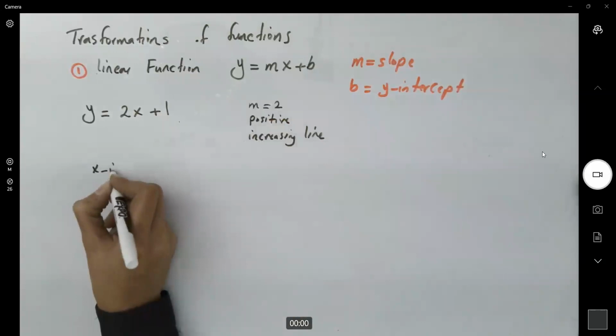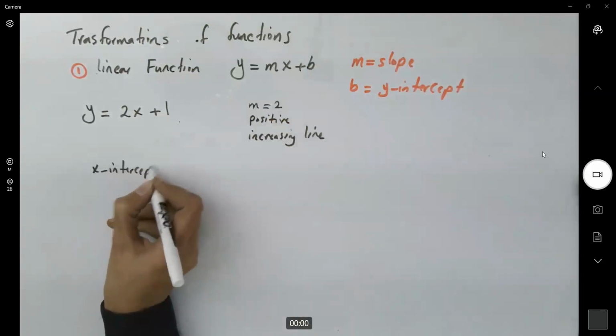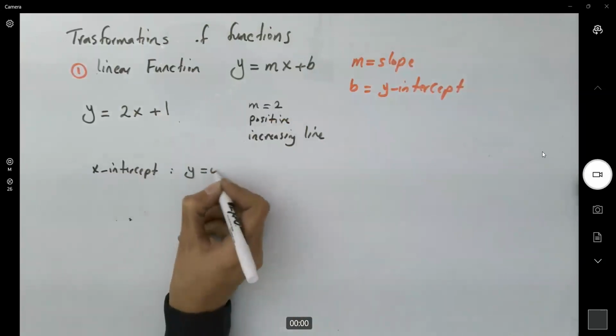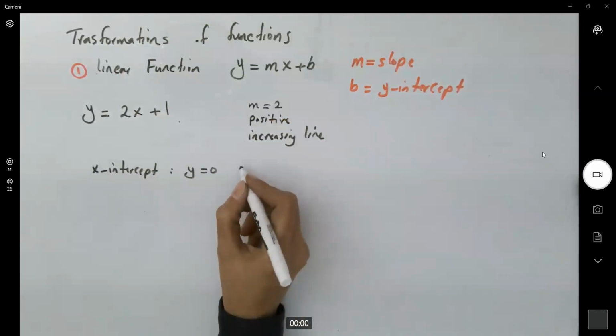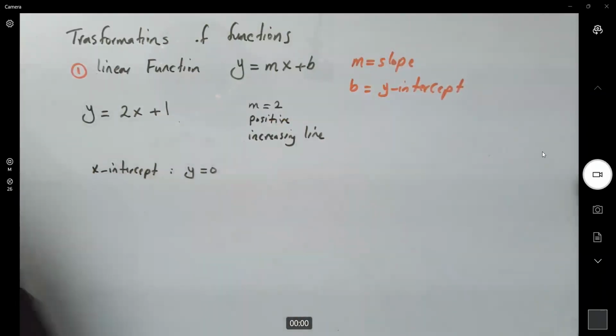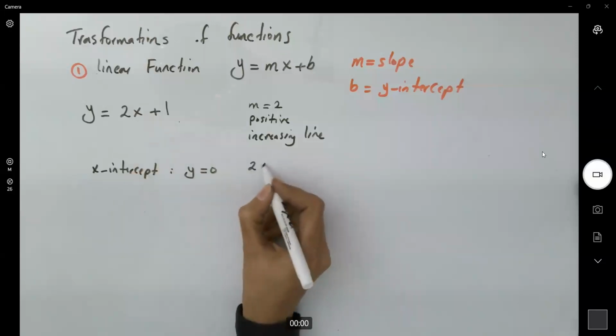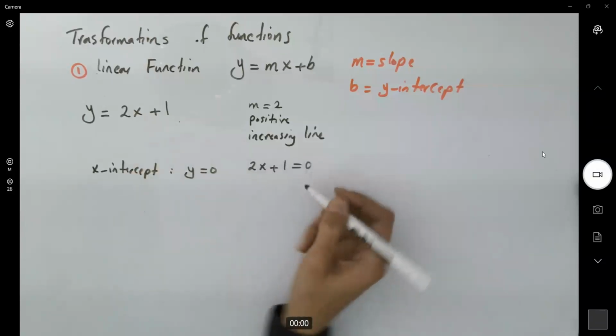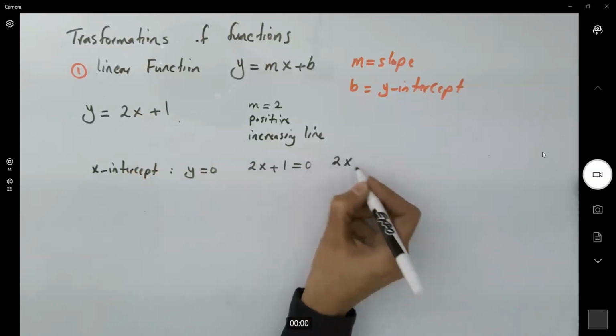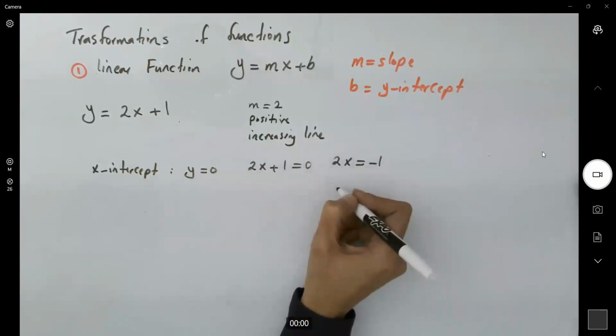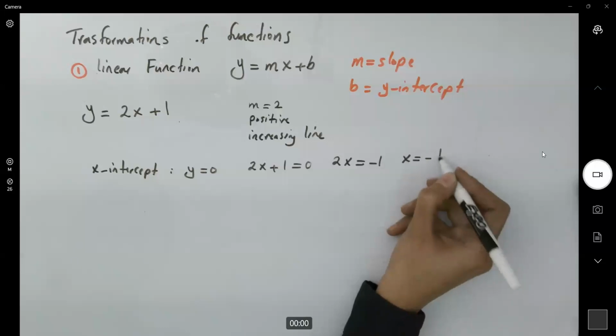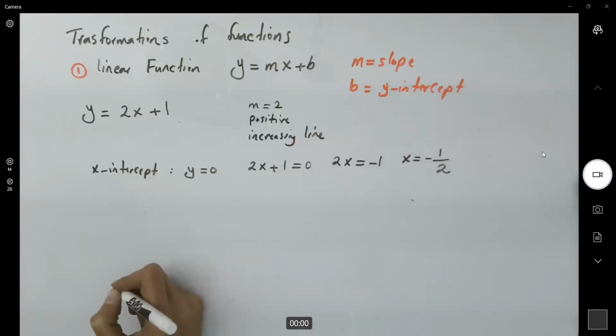To find the x-intercept, we set y equal to 0 and try to isolate x. So when y is equal to 0, you have 2x plus 1 equal to 0, or 2x equals negative 1, so x is negative a half.